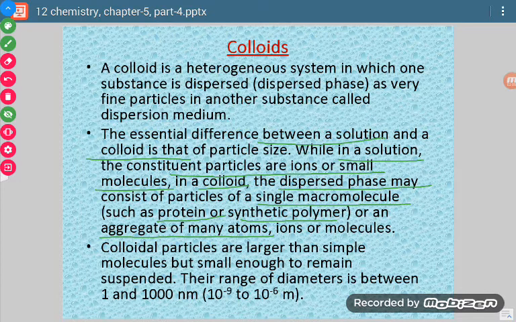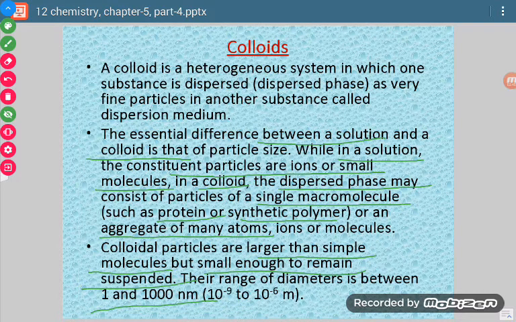So what we can say? We can say that in case of a colloid, particle size is quite larger as compared to the particle size in a solution. Colloidal particles are larger than simple molecules but small enough to remain suspended. Their range of diameter is between 1 and 1000 nanometer.